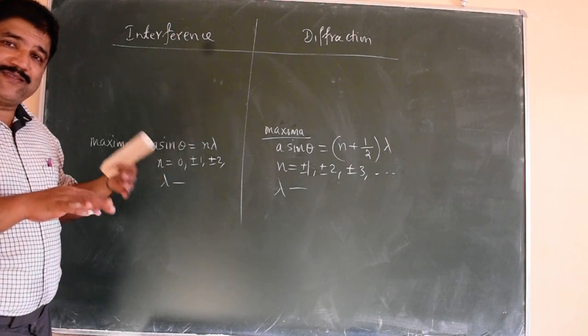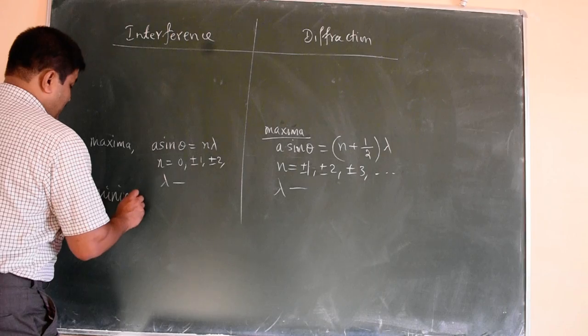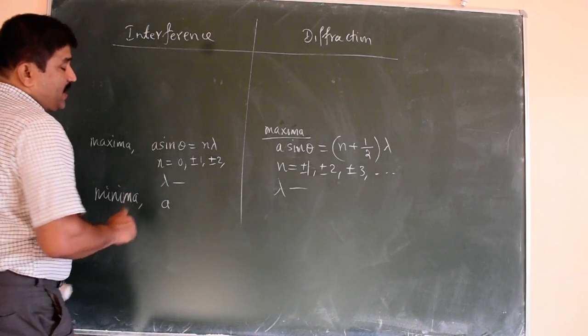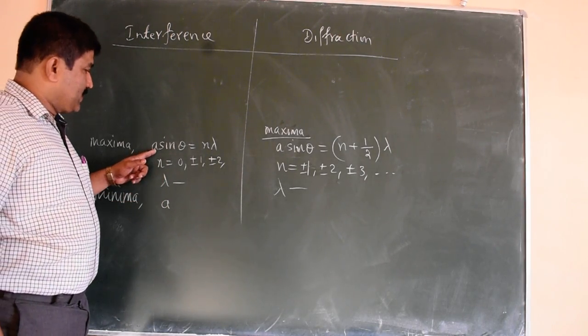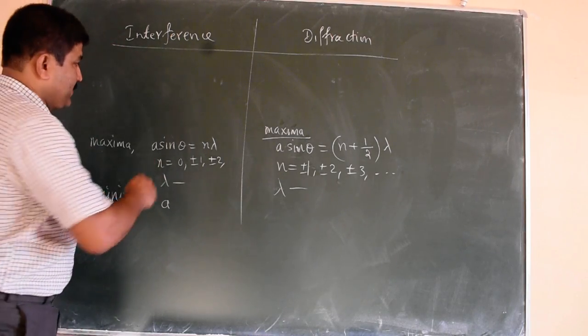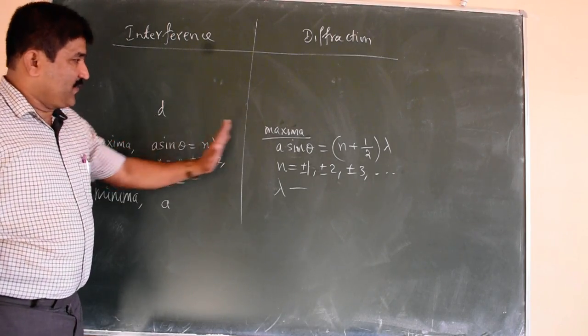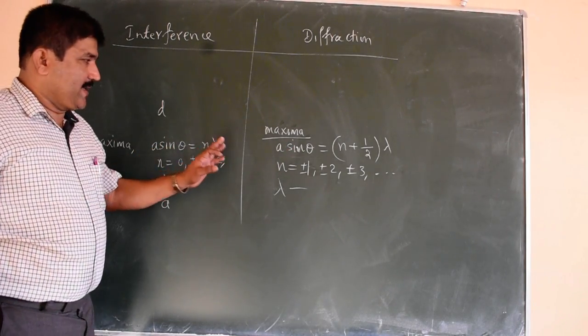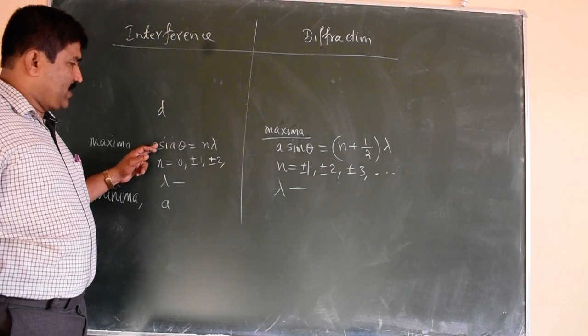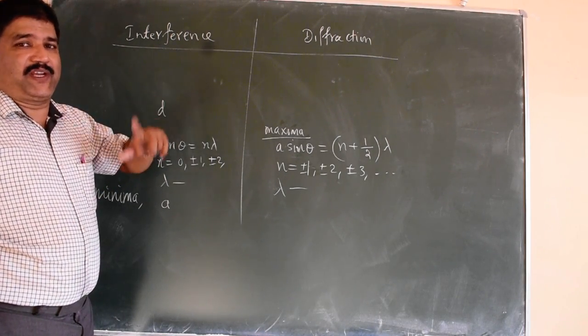Now in minima it is just the reverse. The minima condition in interference is path difference. Make sure that d here means the distance between the slits. Actually we use the small d for the distance between the slits, but for comparison I want the same symbol here, that's why you can take a also, where a is the distance between the two slits S1 and S2.